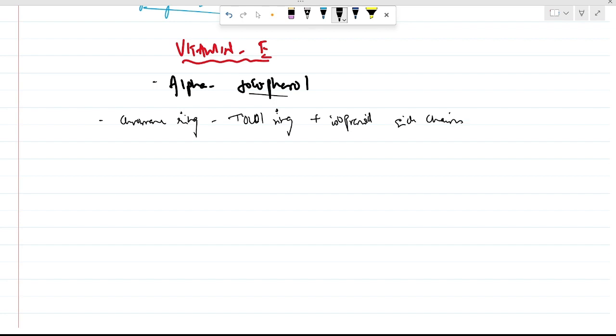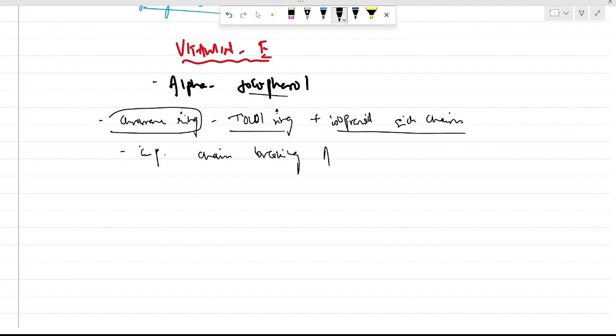This is the chromane ring structure in which the tocol ring is combined with isoprenoid side chains. Remember, it's an important chain-breaking antioxidant, along with vitamin C and A.